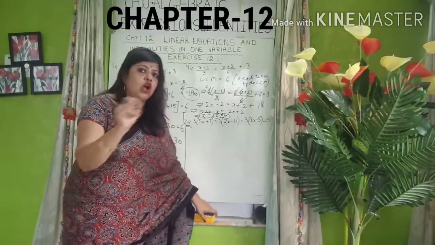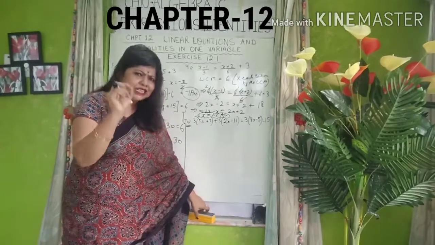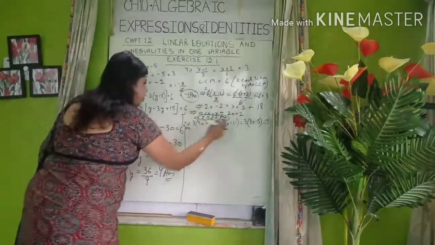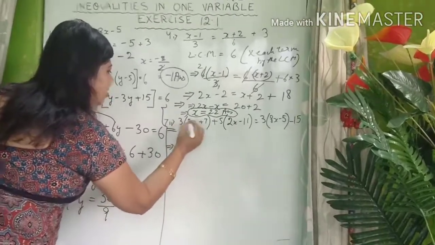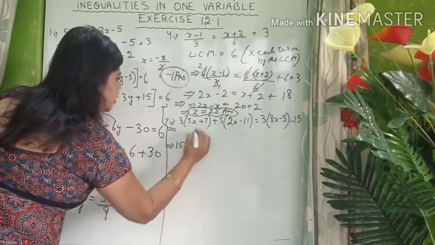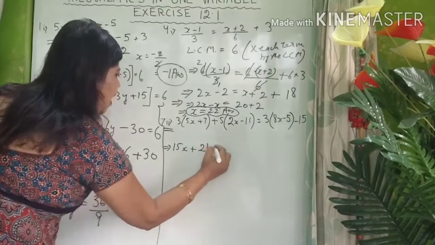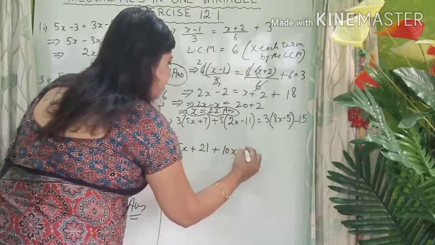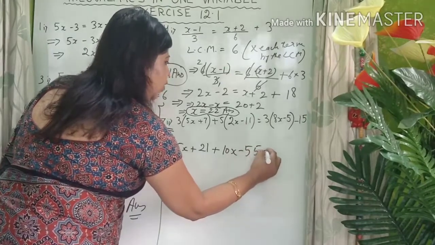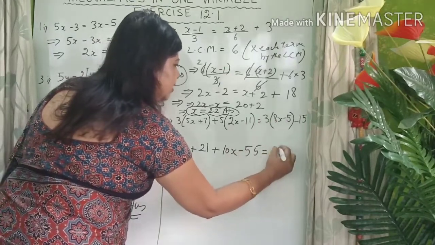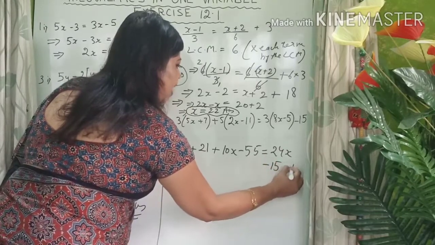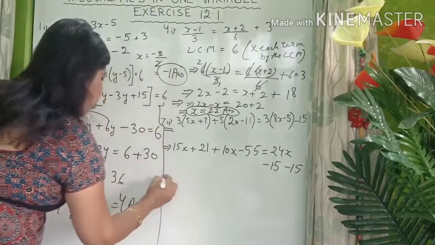I am not going to solve it fully. I will just explain, because question 7 is same as this question. What you have to do here? You have to multiply. See, with 3 5s are 15x plus 3 7s are 21 plus 5 2s are 10x minus 55 equal to 3 8s are 24x minus 3 5s are 15, and you have a minus 15. Now what you have to do?